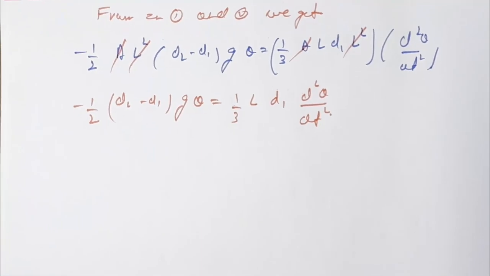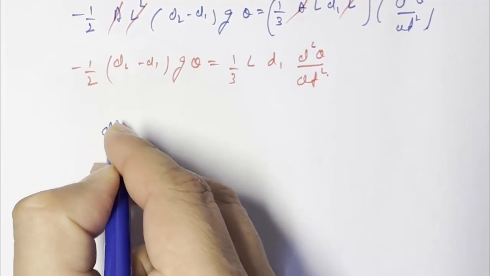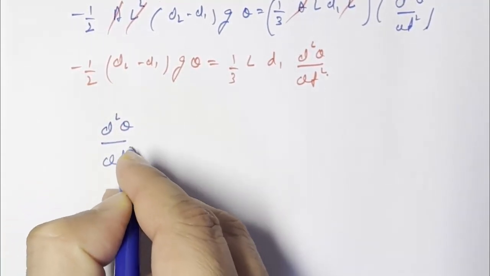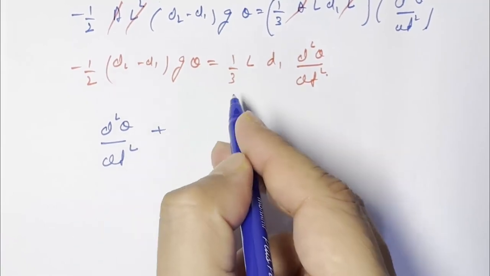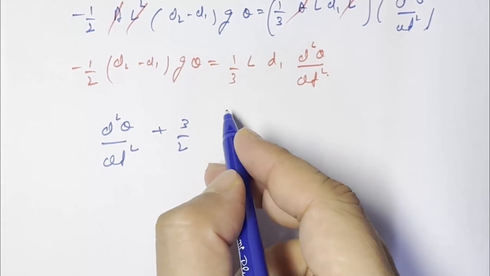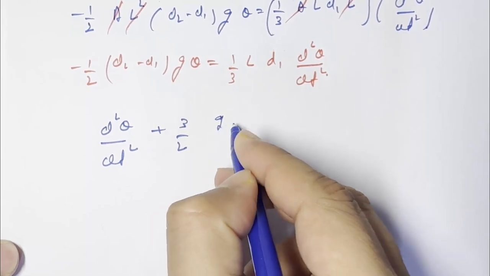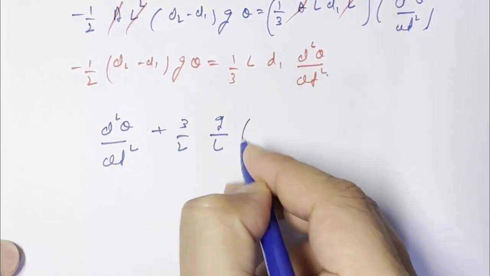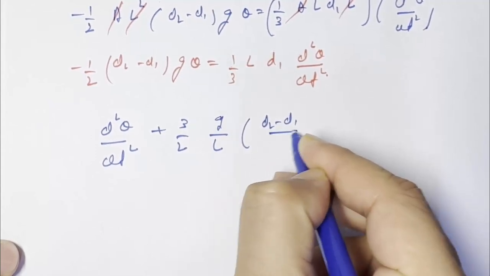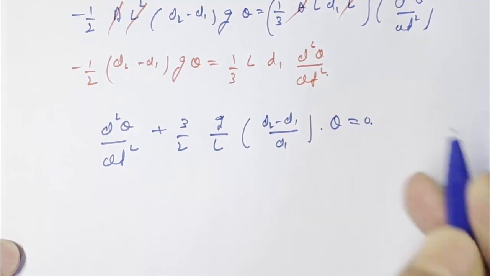Adjusting, making left to right, we can write this equation as the double derivative of theta plus 3 by 2, g by L, (d2 minus d1) divided by d1, theta is equal to 0.